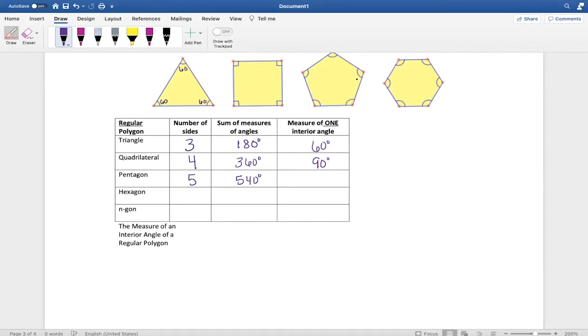So if I add up all the angles in that pentagon, it's going to total 540. The measure of each angle, though, however, I would have to take this sum of the measure, the total, and divide it by 5. And that's going to give us 108.